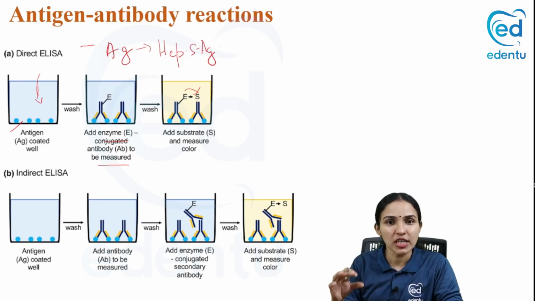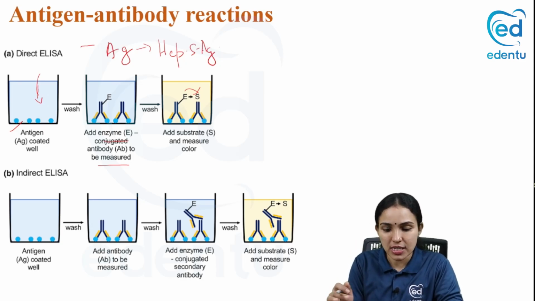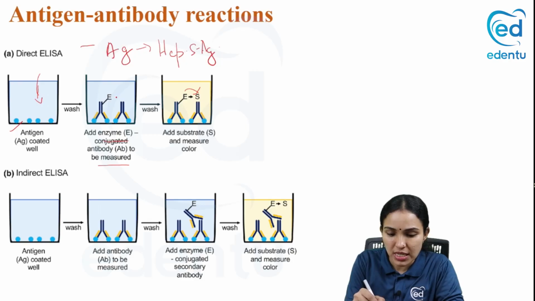So when an antigen antibody reaction has taken place, finally that enzyme which is attached to this antibody will be reacting with its substrate, forming a colored product. So you get a color only when antigen antibody reaction occurs. In this you can see initially there was no color, now there is a yellow color. Why is there a yellow color? This enzyme has reacted with its substrate, releasing the colored product.